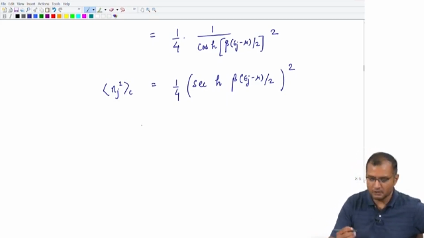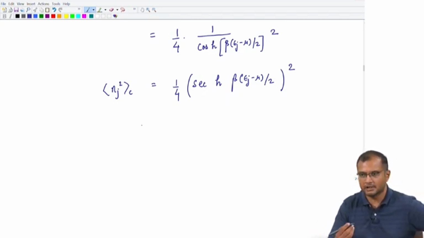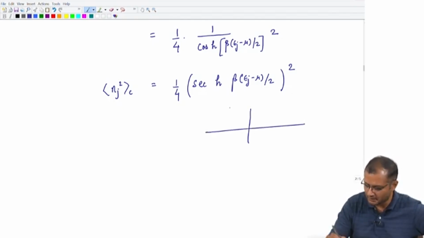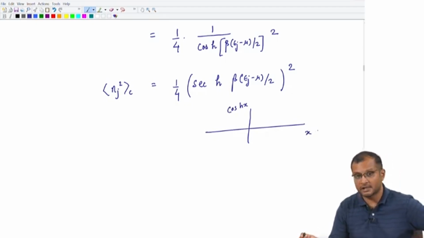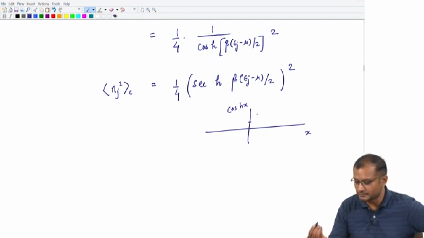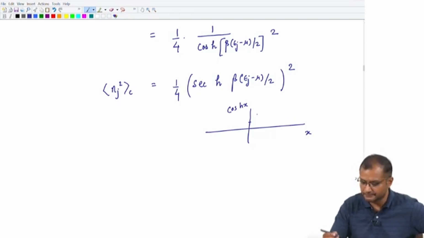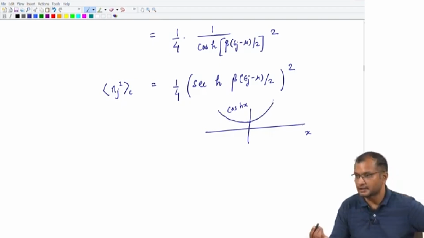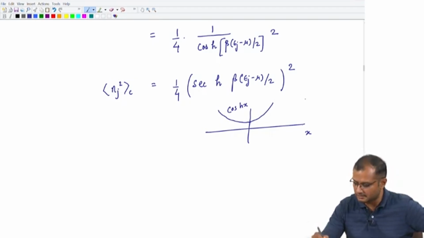So, if you know the plot of cosine hyperbolic, you know how sech would look like. Cosine hyperbolic has a plot of something like this. If you plot cosine hyperbolic as a function of x, then it will have a minimum at x equals to 0, where this will be 1, and then it will go to infinity.